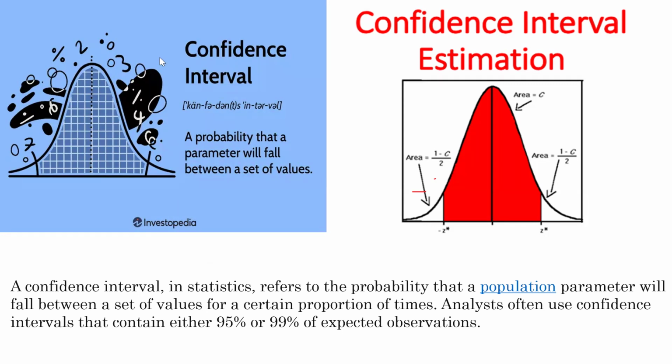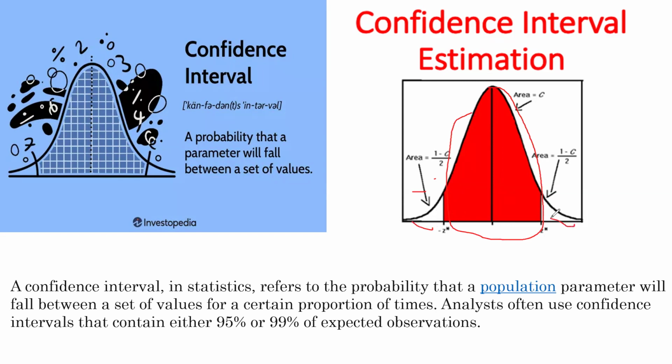And in a normal distribution curve, if you want to indicate the position of the confidence interval, this is where we normally have the confidence interval, and this is where we have our level of significance.